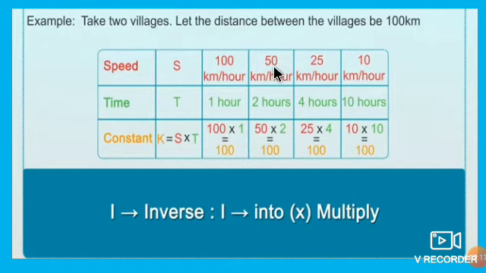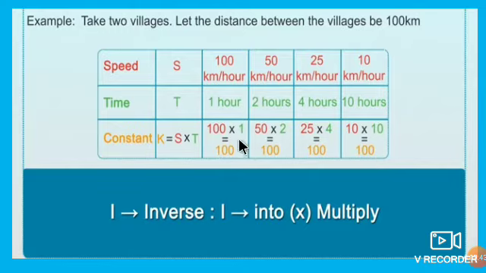The second speed is 50 and the time required is 2 hours, so 50 into 2 is equal to 100. For 25 speed, 25 into 4 hours is equal to 100. And 10 kilometer speed into 10 hours, 10 into 10 is equal to 100.